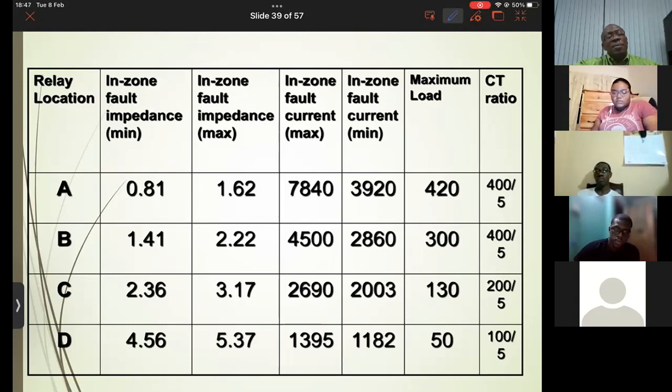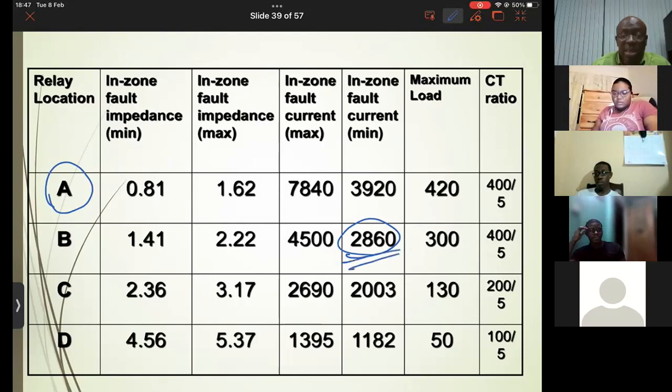Agreed? But in the event B doesn't operate, you want A to clear the fault. Yes? And what you want is that B must operate when it has its minimum fault current. So you're going to choose a setting for A that will back up B when B is seeing its minimum current.